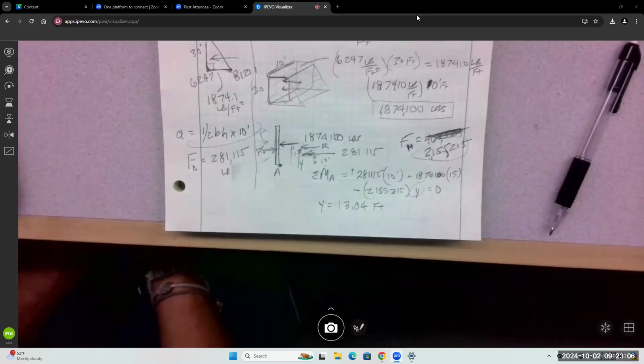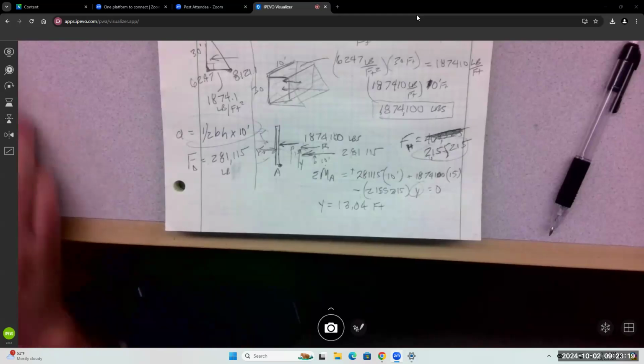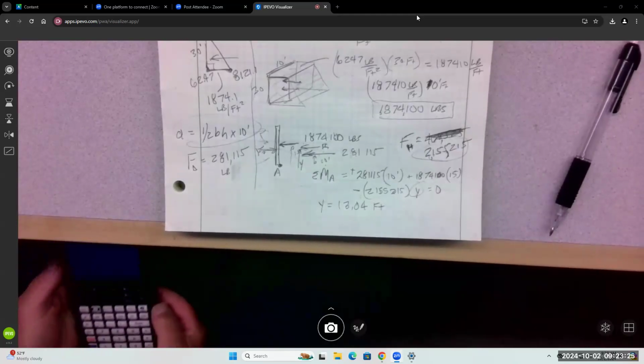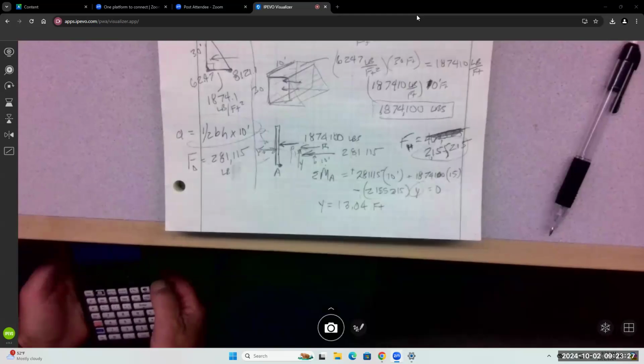So 281115 times 10 and 187410 times 15, and then divide by 215521. I'll do it again.